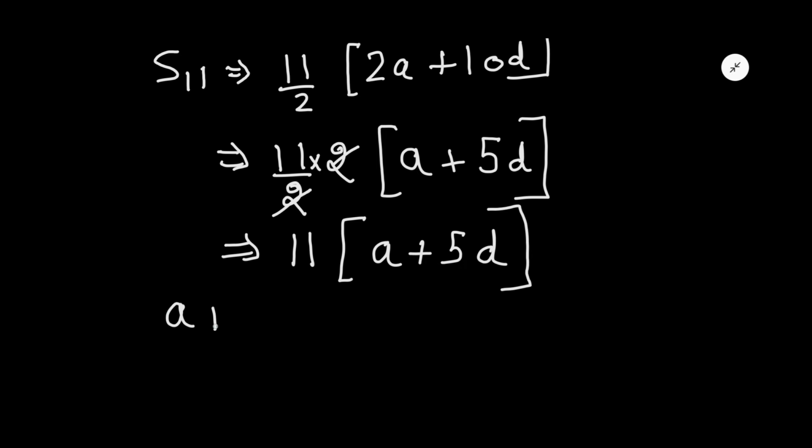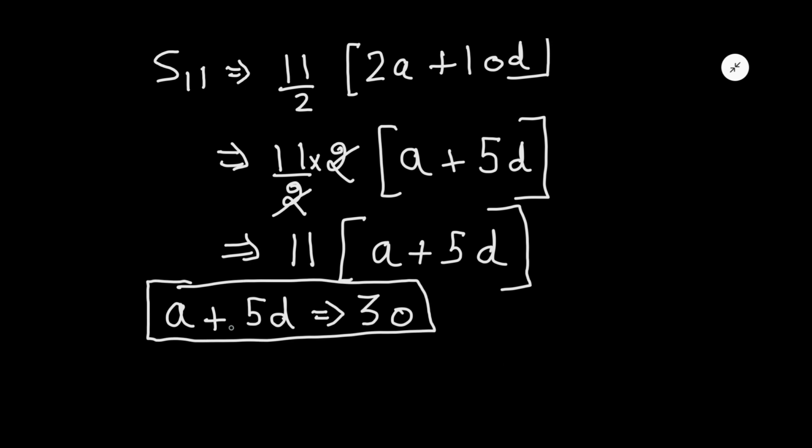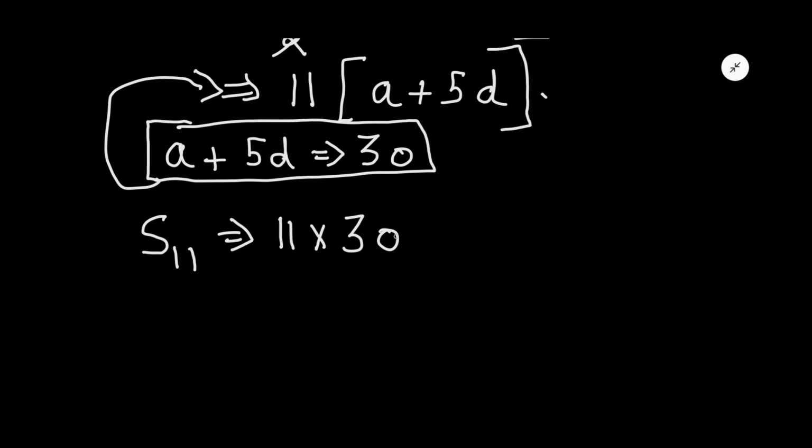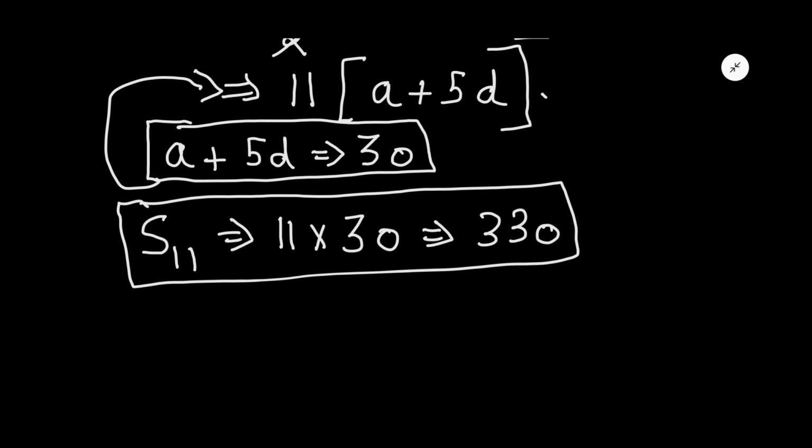As our a plus 5d, which we already calculated from the sixth term, is 30, we can put it into this equation. So S11 will be equal to 11 into 30, which is 330. So our final answer is S11 is equal to 330.